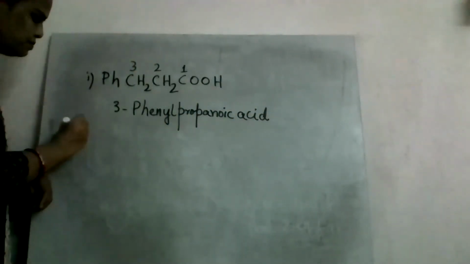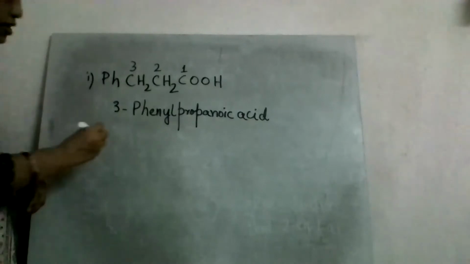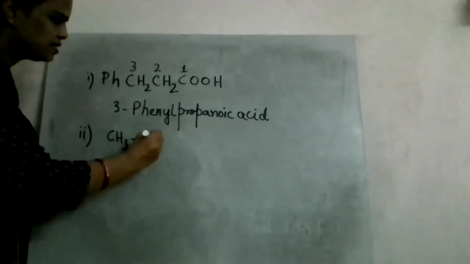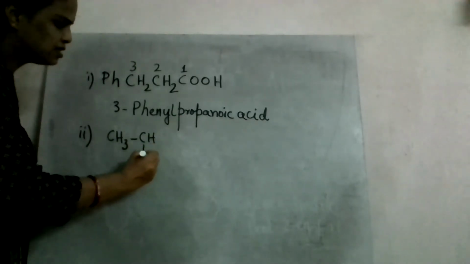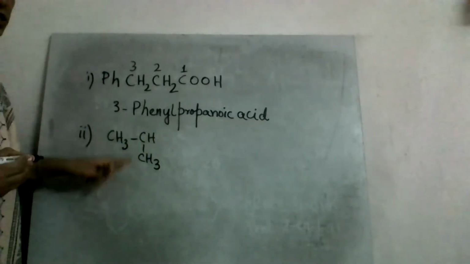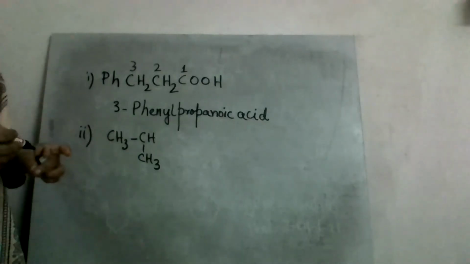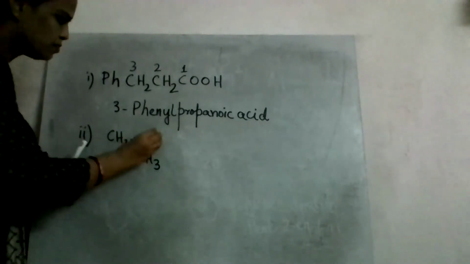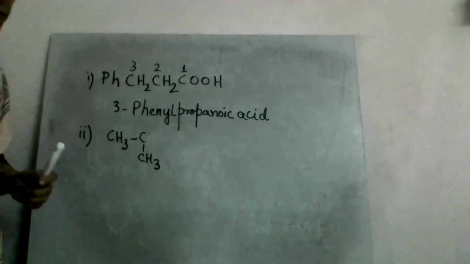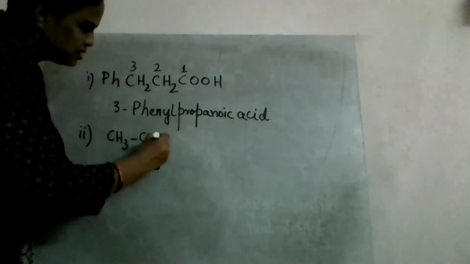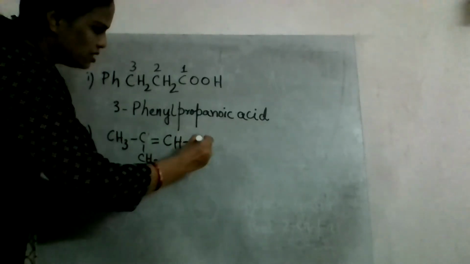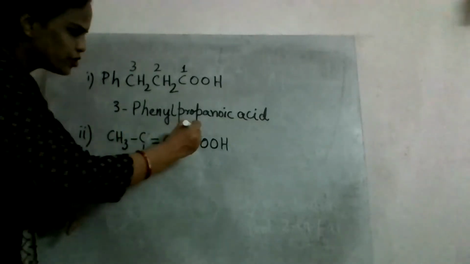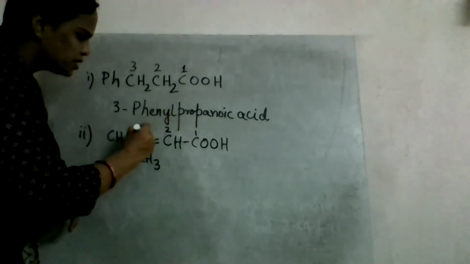The second compound that is given is (CH3)2 C double bond CH COOH. I wrote CH3 twice attached to this carbon, it is C only because a double bond is present there. So double bond CH, COOH. The name of this compound is numbered 1, 2, 3, 4.